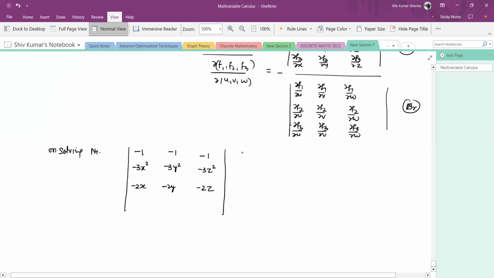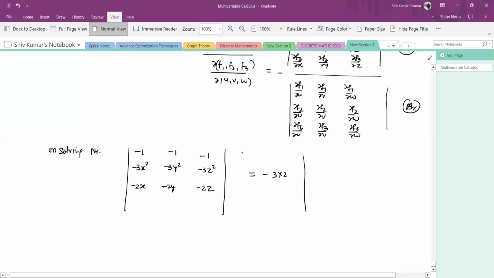Okay. So when we simplify this determinant, we see that row 1 has a negative sign, row 2 also, and row 3 also. So we have three negative signs, so minus 1 raised to the power 3 is minus, and we can take 3 common from row 2 and 2 common from row 3.